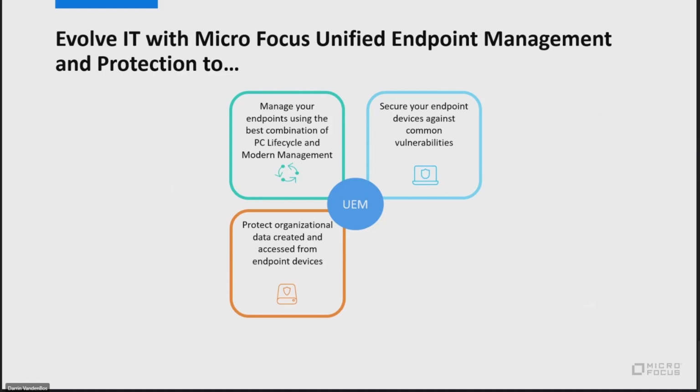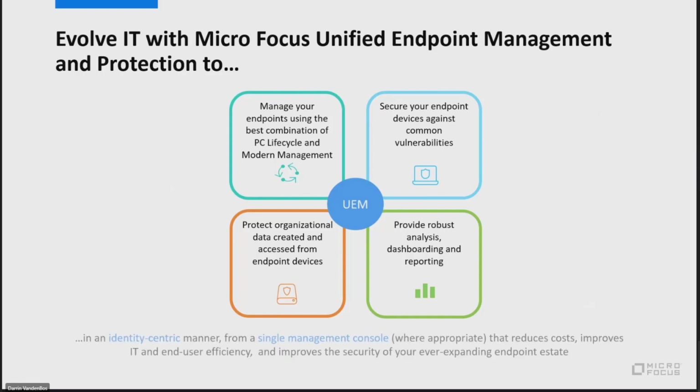Also protect organizational data created and accessed from endpoint devices. Talked a little bit about the encryption. We also do some backup, through Connected Backup as well, and then do all of these three things while providing you with the ability to analyze and dashboard and report on what's going on with your devices in your organization.